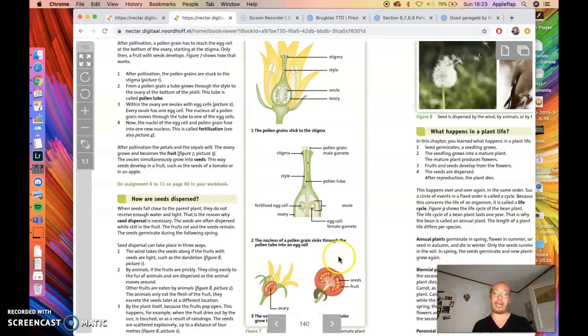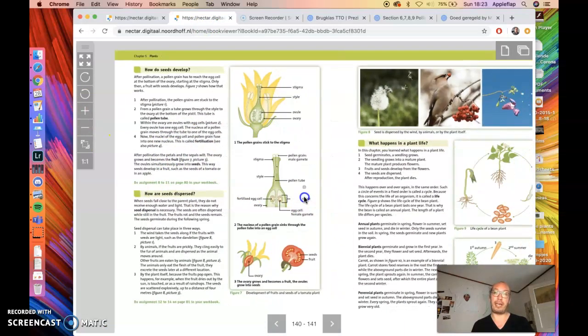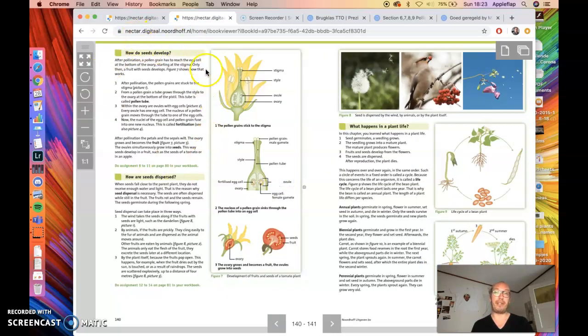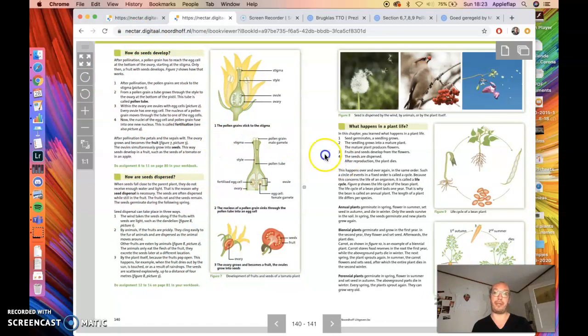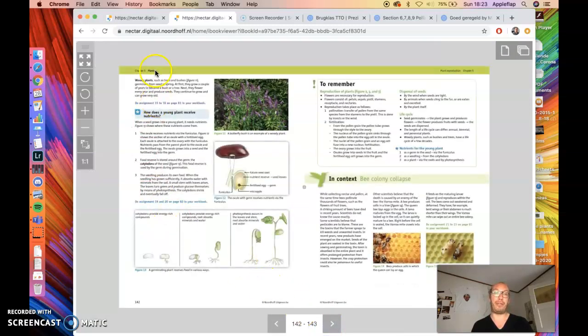Okay, let's go over the book as well. You see that we talked about pages 140 and 141. In this piece, you will find how fertilization works, and here how dispersion works. This will tell you about the different life cycles, about annual, biannual, and perennial, and on the next page about woody plants.